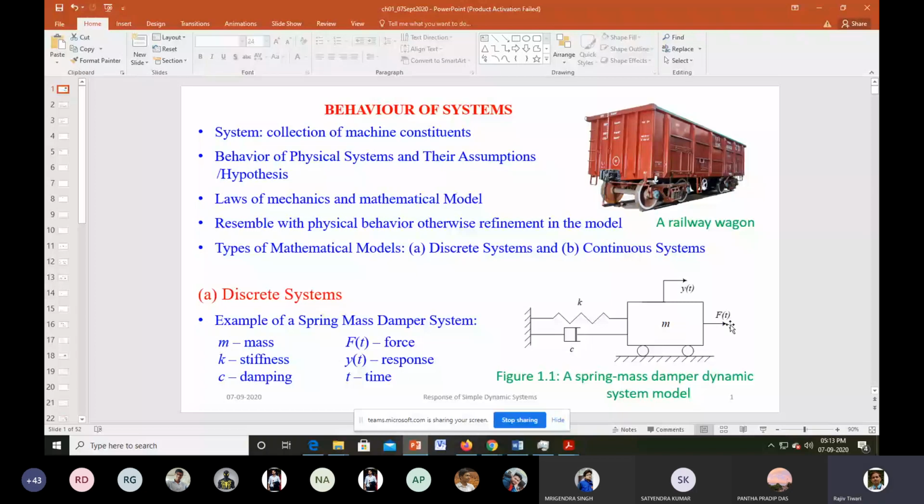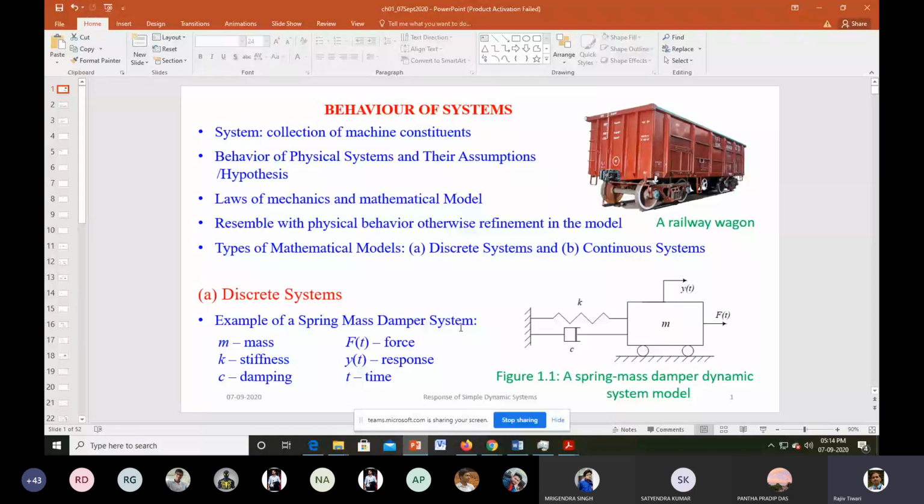Here the force is time dependent because we are analyzing a dynamic system. Correspondingly, the response, the displacement of the wagon, will also be time dependent. There are three properties in a dynamic system, especially in the discrete system.